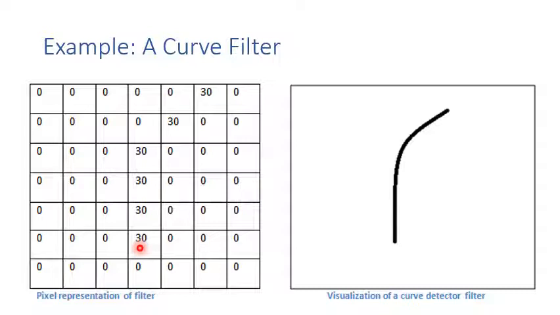So we will have a filter with a lot of zeros, and the only values of the filter correspond to the curve shape. If we connect all the non-zero values, you can see the shape of the curve. The curve is shown in the picture on the right.